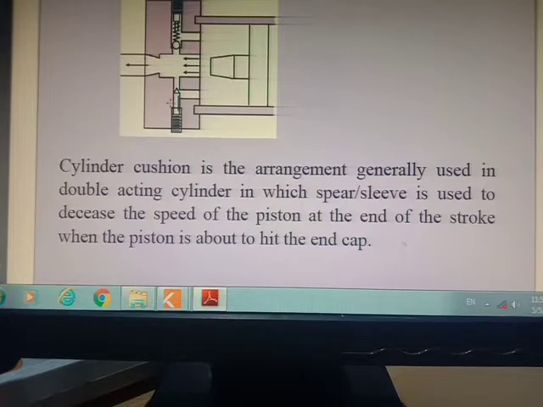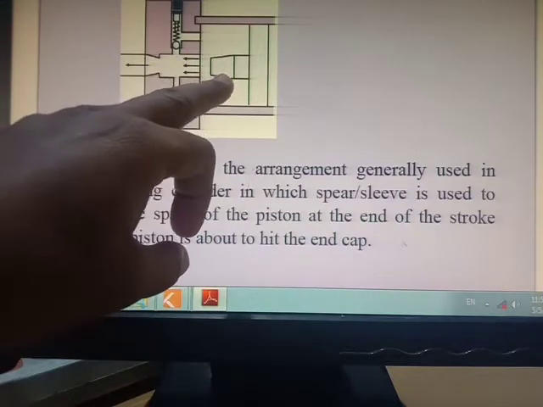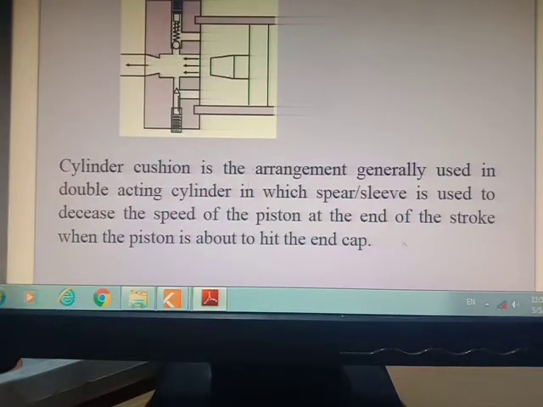This is one needle valve, and there is one spring valve also provided here. In this arrangement, one sleeve is used to decrease the speed of the piston at the end of the stroke where the piston is about to hit the end cap. So in this case you can see this spear or the sleeve is used.